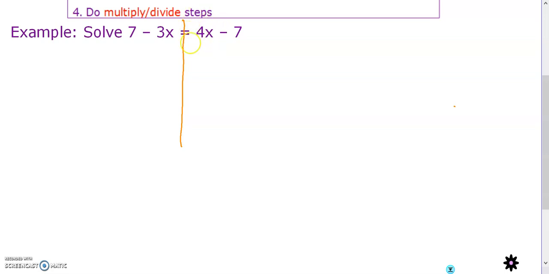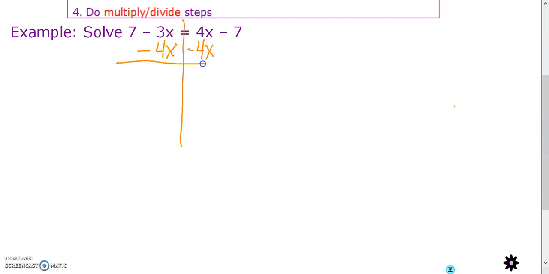In this case, I have positive 4x. If I want to remove positive 4x, I need to do its opposite sign. That opposite would be to subtract 4x, because if I added 4x, then I'd have 8x's there, and I want them to disappear. Keep in mind, whatever you do on the right side, you must also do to the left side.